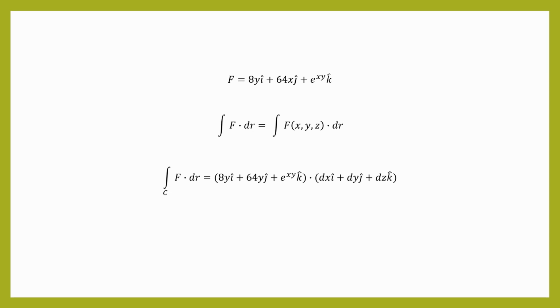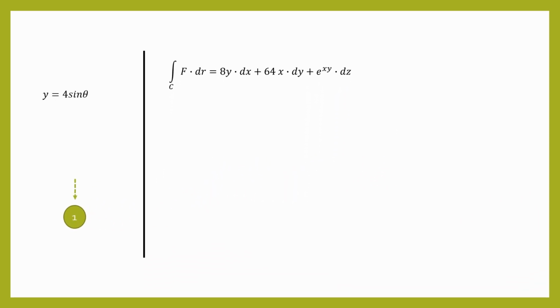to 8z i plus 64y j plus e^(xy) k multiplied with dr. And then when we rearrange, we will get this.